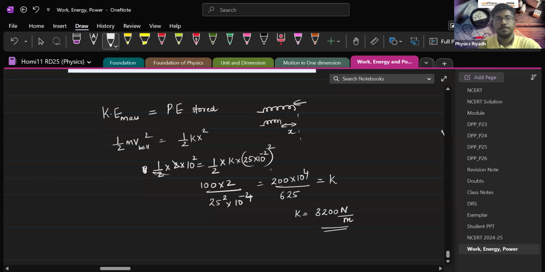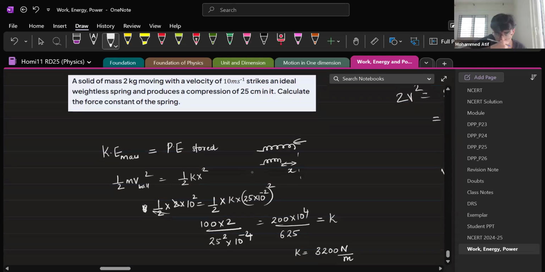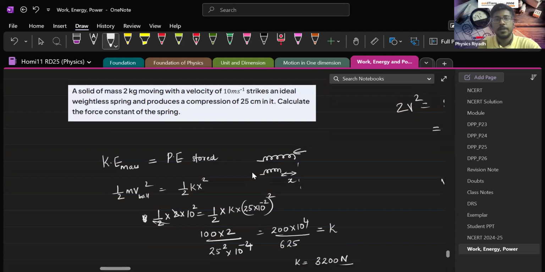But then how do we know that we have to use kinetic energy and potential energy? Initially the mass is moving, you can think of a ball moving. A moving ball has some kinetic energy.